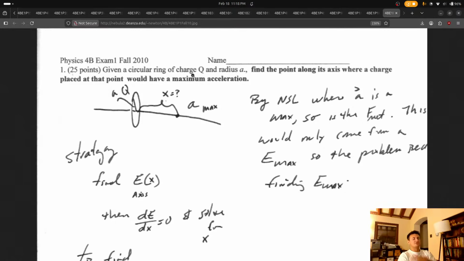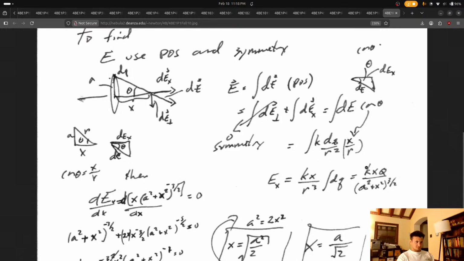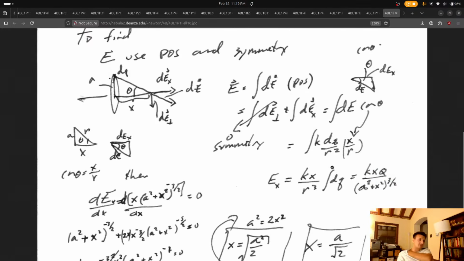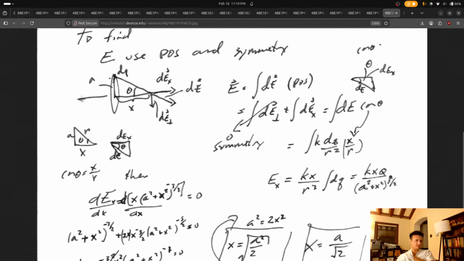So then, I mean, you do, but it's like really easy. Yeah, because you just pull out everything that's not. Oh yeah, he doesn't even. Yeah, it's just KQ x over a squared plus x squared. So here's the E field. Then once you have the E field, you take the derivative with respect to x, right?